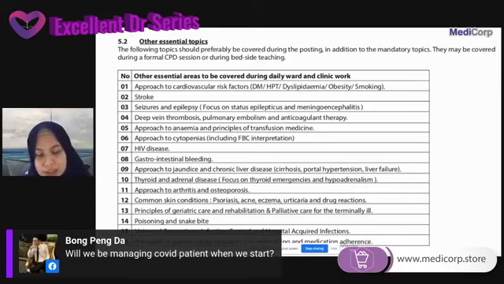So usually nowadays the managing team is medical officer and specialist, but recently there has been a directive from KKM to offer to senior housemen, meaning 5th or 6th posting, who are excellent and interested in joining the management team.